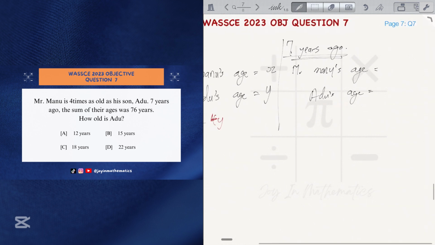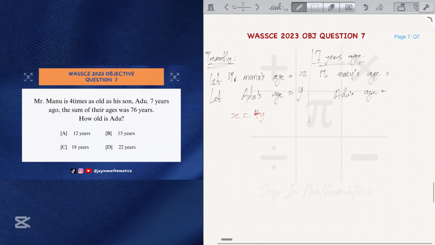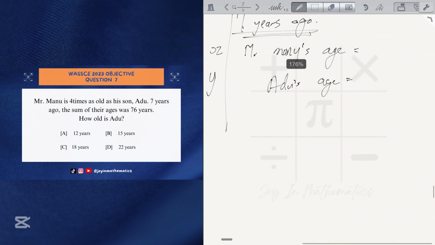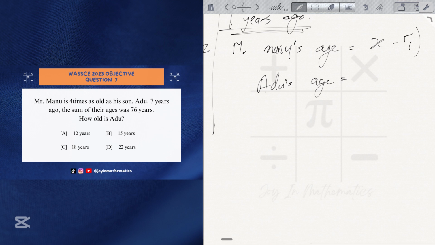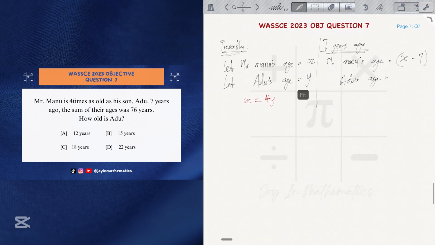Presently Mr. Manu's age is x, and Adu's age is y. If presently Mr. Manu's age is x, definitely 7 years ago his age will be x minus 7. Similarly, if presently Adu's age is y, then 7 years ago his age will be y minus 7.